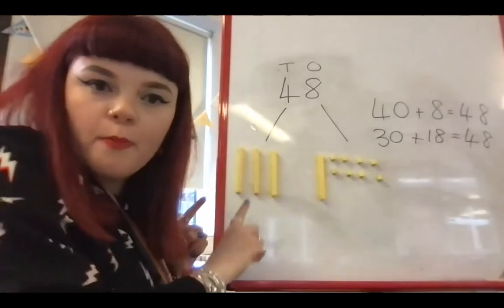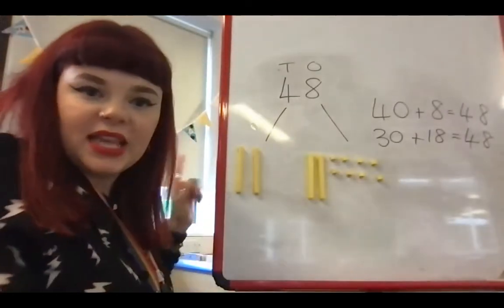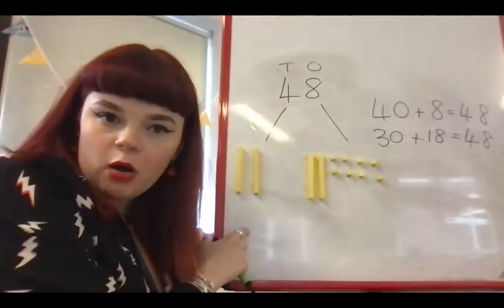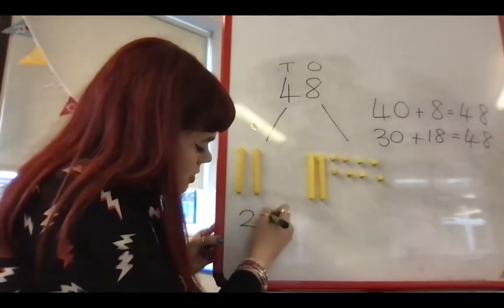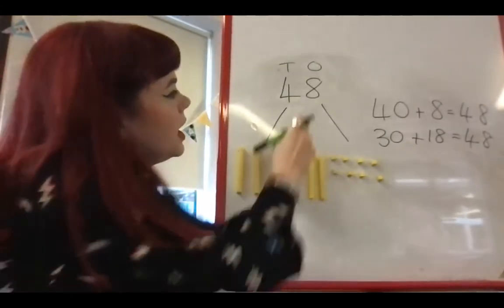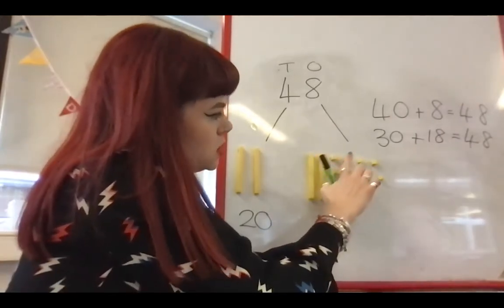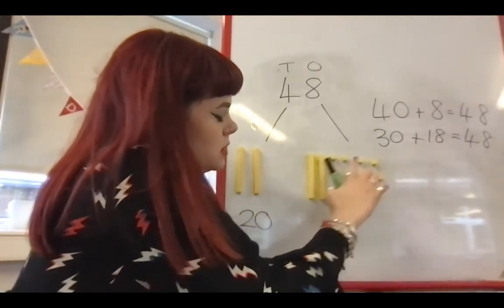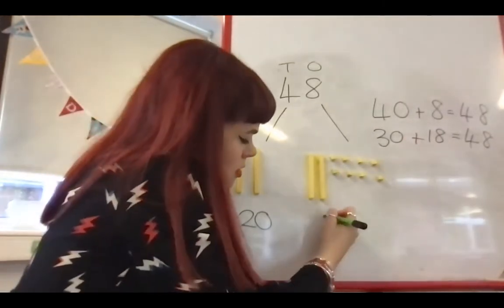Let's have another go at moving a stick of 10 over. On this side of our part whole model, we've got 10, 20. And on the other side, we've got 10, 20, 21, 22, 23, 24, 25, 26, 27, 28.